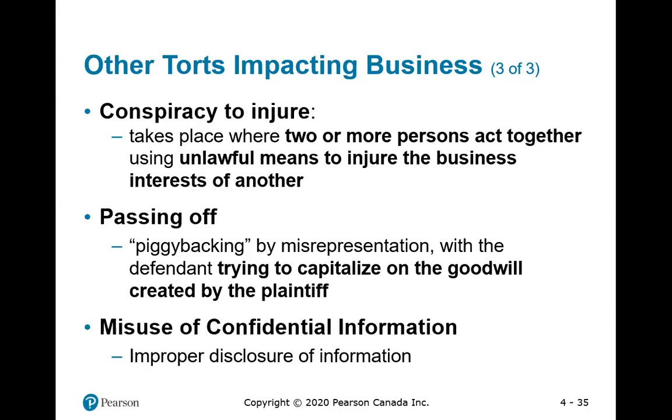Very low, so that they kill the competition, so that the Ritz goes out of business because it will not be able to sell coffee at $2.50, $3 or $4. So the other coffee shops got together and conspired to injure, to harm the Ritz. Okay, so that's conspiracy to injure. Again, two or more persons or parties, acting together using unlawful means, and the result will be injury of the business.